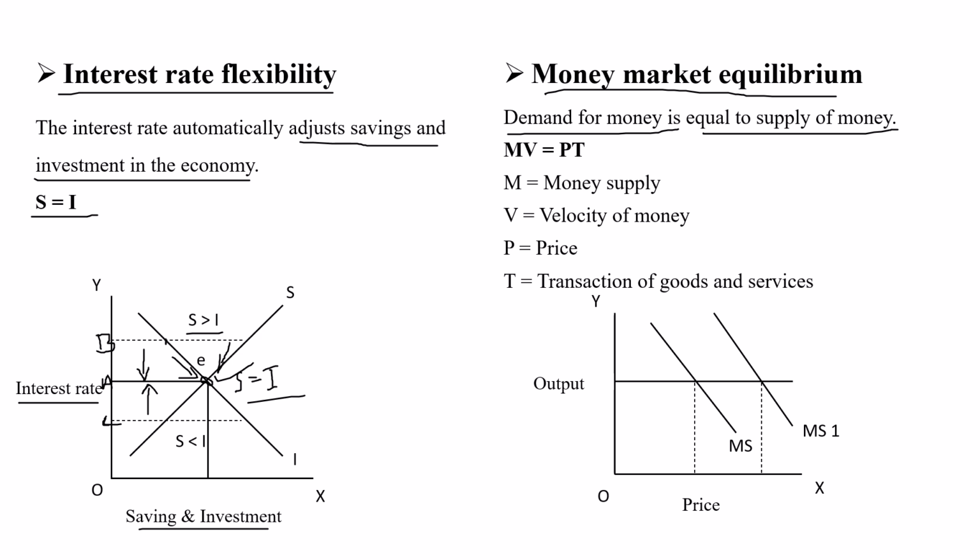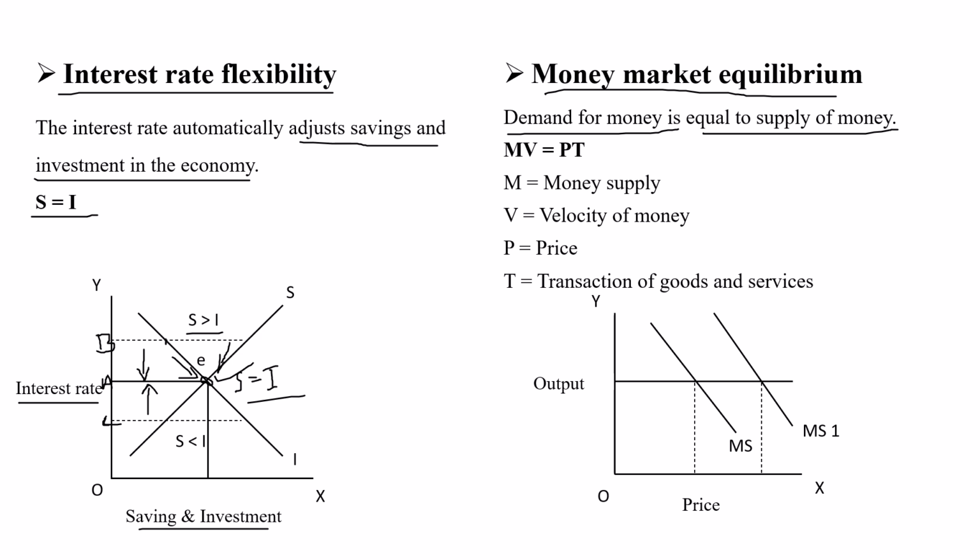What is the demand for money? Demand for money means the people want to hold cash for transaction purpose, precautionary purpose, or speculative purpose. This is the demand for money.